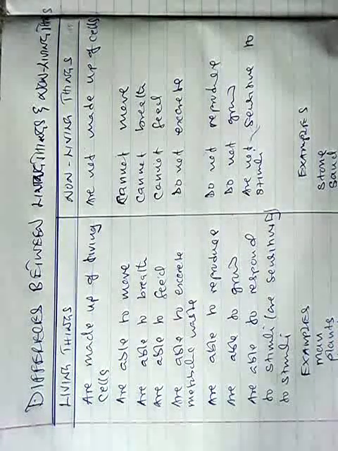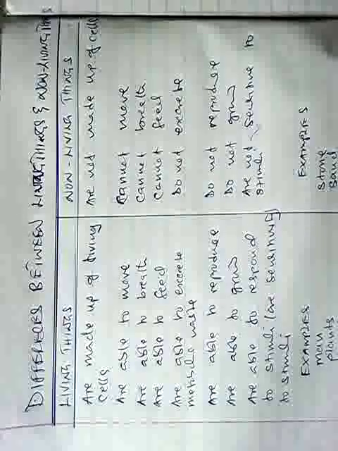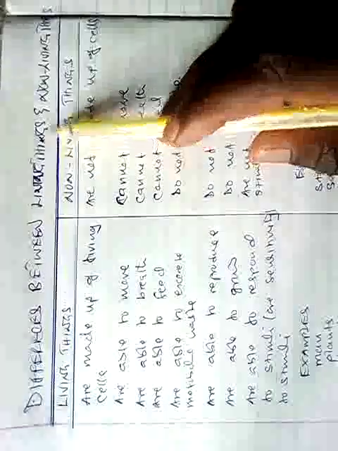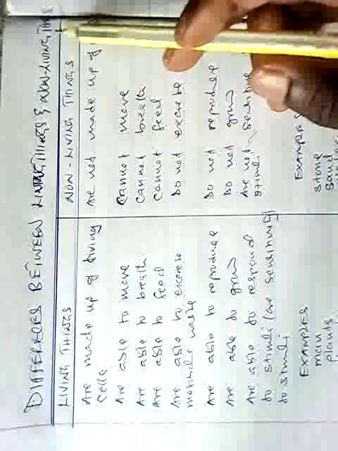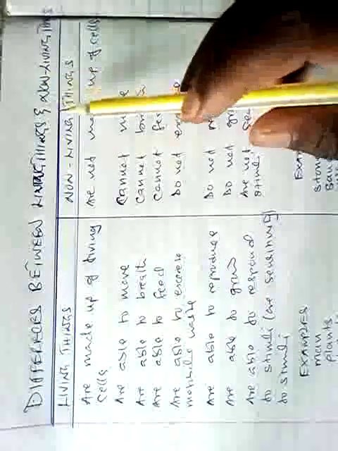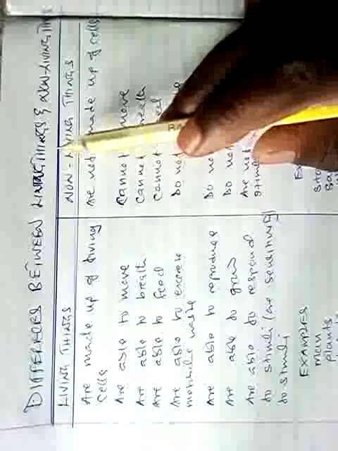Welcome to biology session. In this session, we are going to look at the differences between living things and non-living things. In the previous lesson, we looked at the characteristics of living things or organisms.